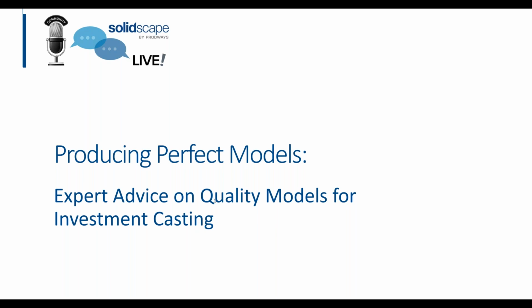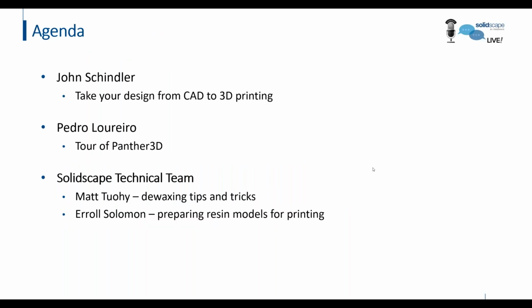So we're going to get started today. We have a lot of great information to get to. We're going to start with John Schindler, who's the founder of Schindler Technologies. He's going to take us through Rhino from the design from CAD to 3D printing. Then we have Pedro Loureiro. He is going to take us on a tour of a new exciting product, Panther 3D.